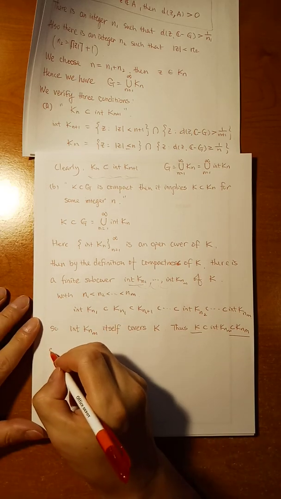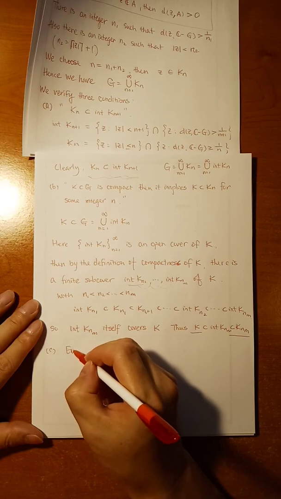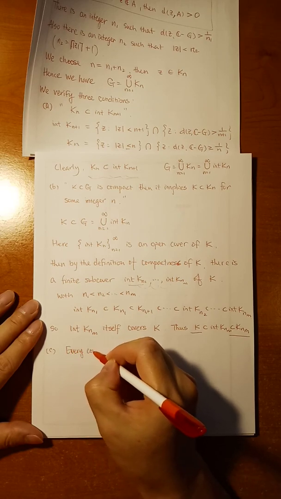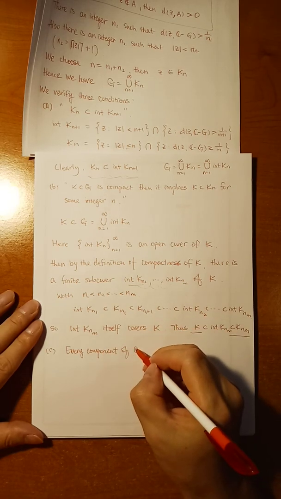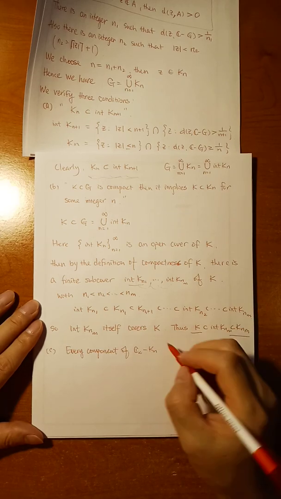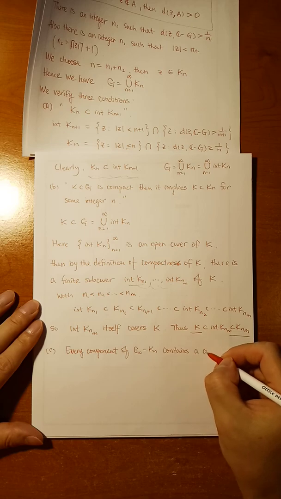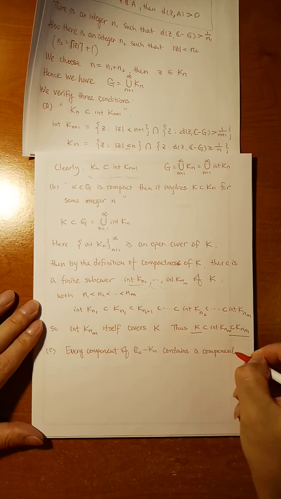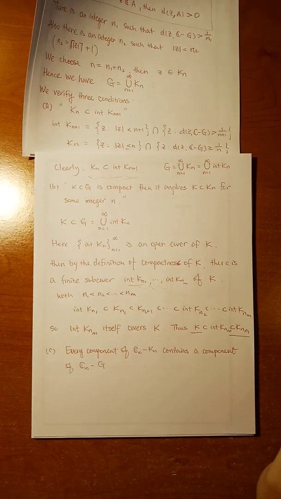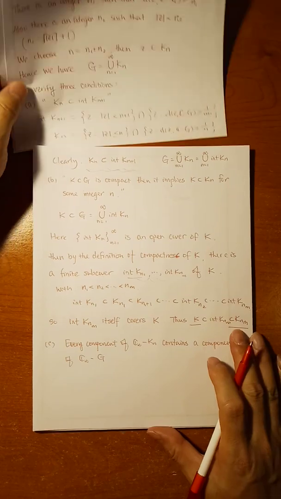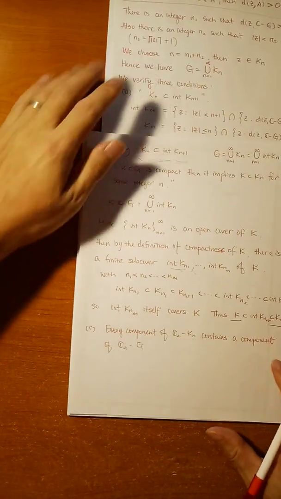Okay, part C. Part C is very long. It says every component, connected component, of C infinity minus Kn contains a component of C infinity minus G. All right. Okay, let's try to see.